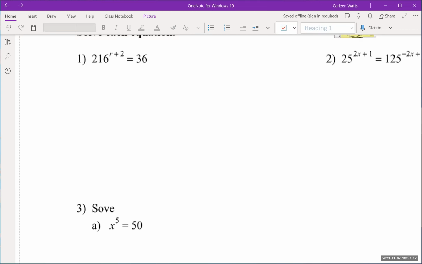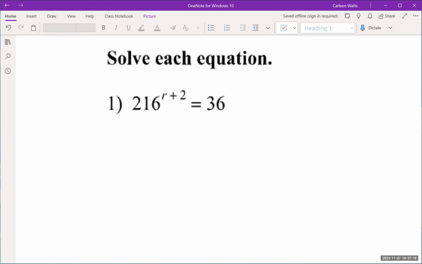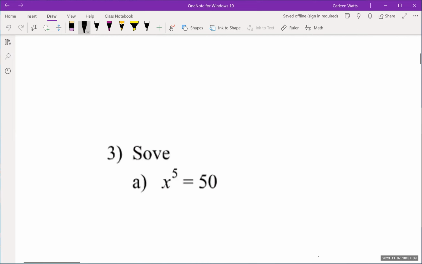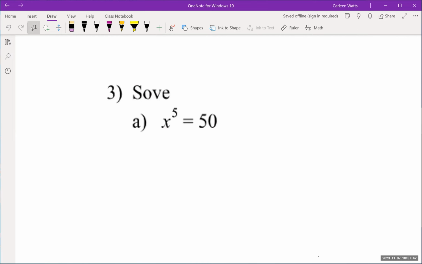Notice number 1, the variable is the exponent. So this is an exponential, because the variable is an exponent. We're actually going to do number 3 first.